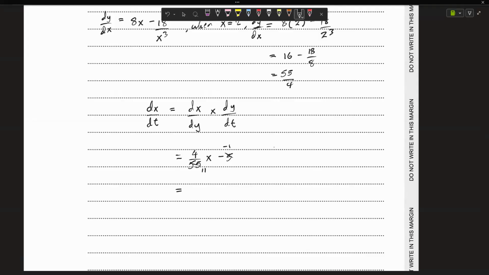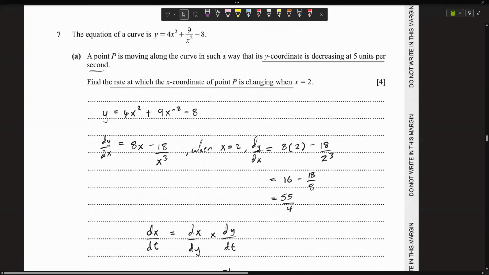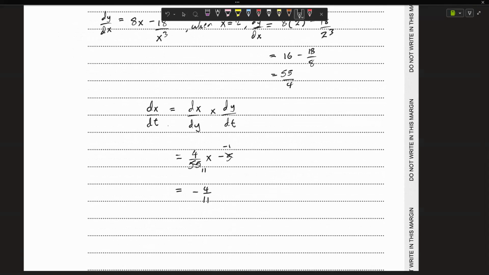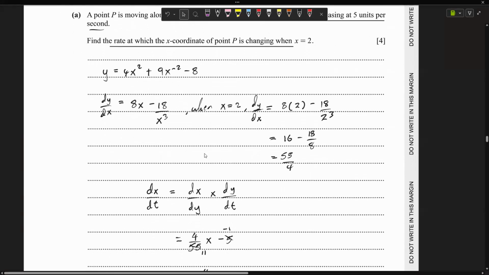So the answer will come out as minus 4 over 11. So that's dx by dt. That's the rate at which p is changing when x is equal to 2. And that's going to be units per second, right? So I'll say here, units per second. Okay, so that's how we do it for this particular question, part A.